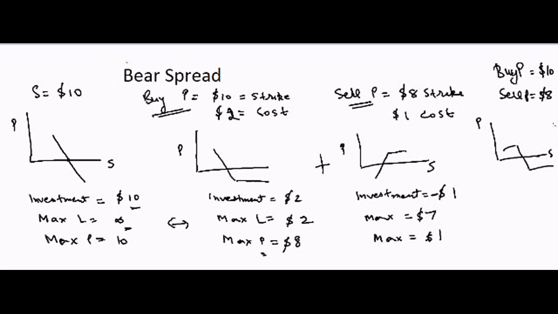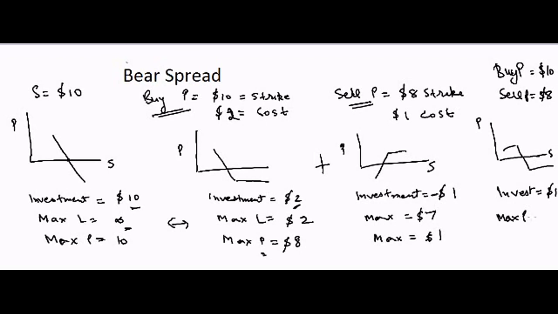So our total investment will be equal to $1, because we buy the put at $2, and then we sell one put for $1, so that will be a total investment of $1.